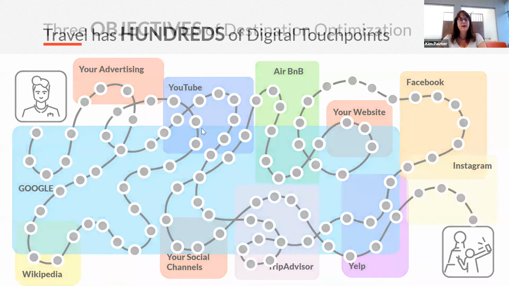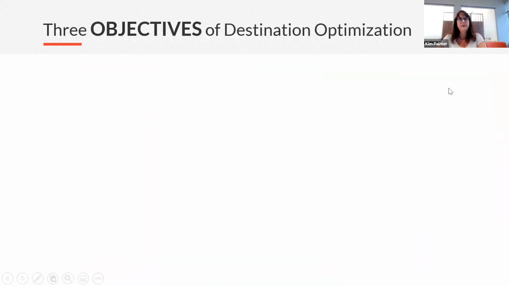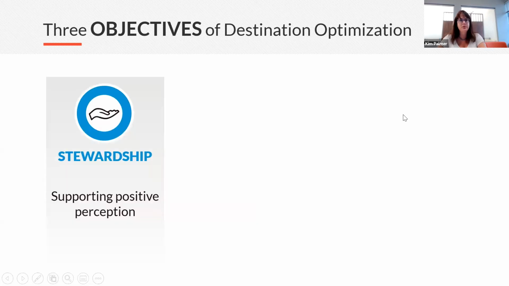So the purpose of destination optimization is to expand the role of your DMO to influence more touch points across those major travel planning platforms, so that you can amplify important messages and empower your local industry partners to have more positive economic outcomes. Now, we have three objectives within destination optimization. The first is stewardship.